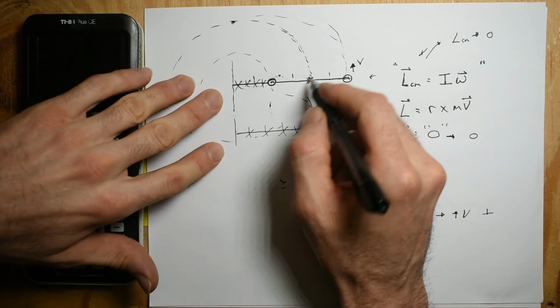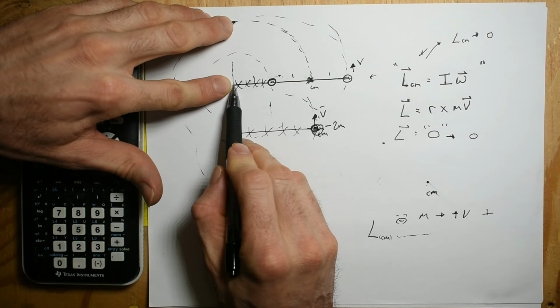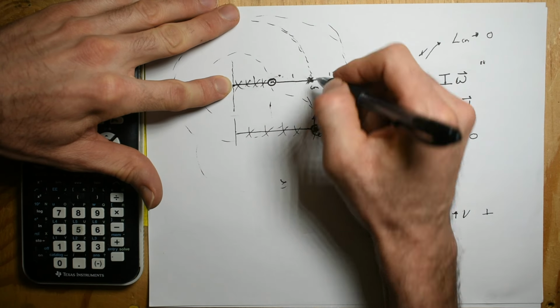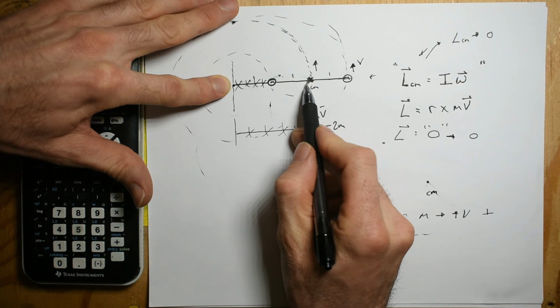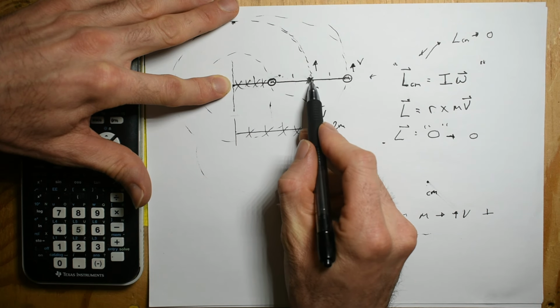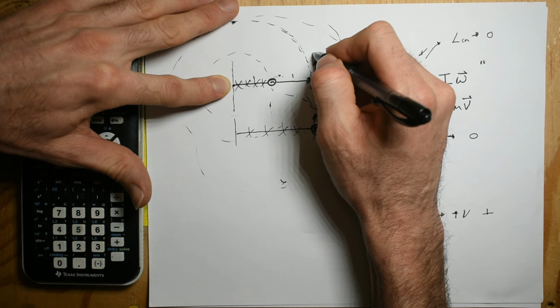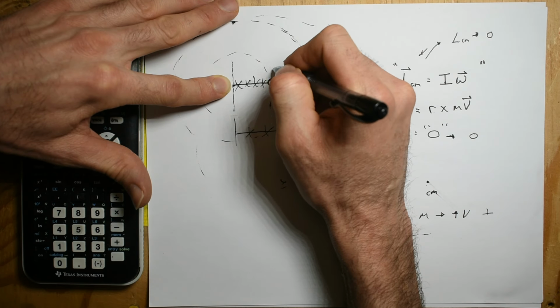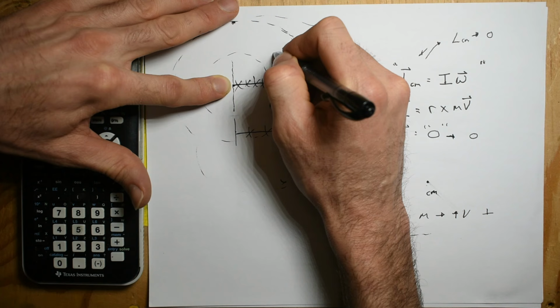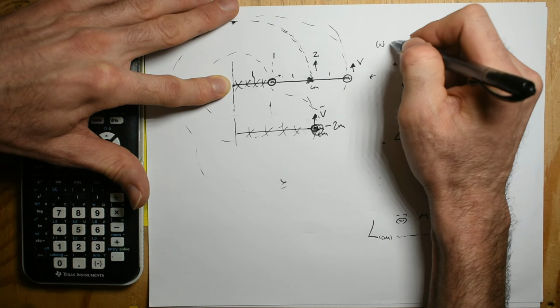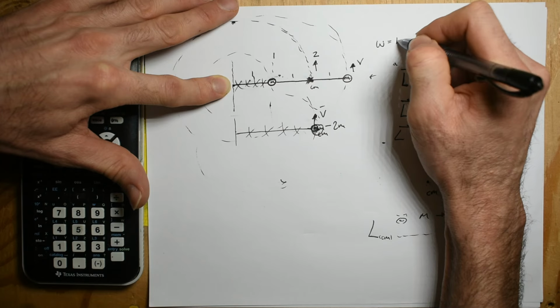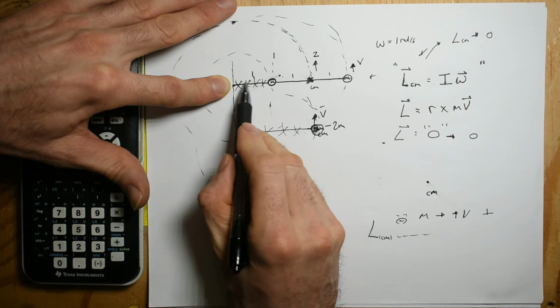And if it is spinning about this point, now we have to pick some sort of velocity here. Let's say this is a velocity of 2, and then this is a tangential velocity of 1, and then this is a distance of 1, and let's say this whole system rotates with an angular velocity of 1 radian per second.